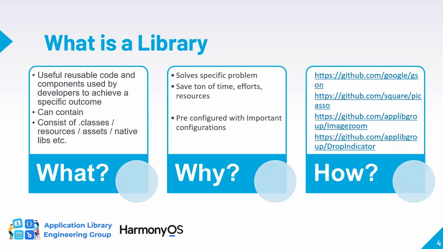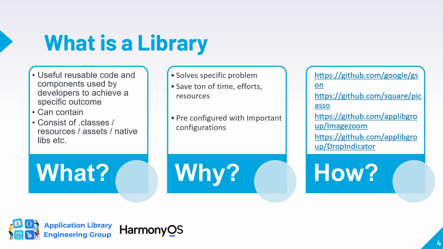And then how do we use it? I think everyone knows it, and even if you don't, you can see there are some links over here, where you can see GSON, which is a very famous library written by Google, and the Square library Picasso, which we use for images. And in the community, we have lots of libraries.